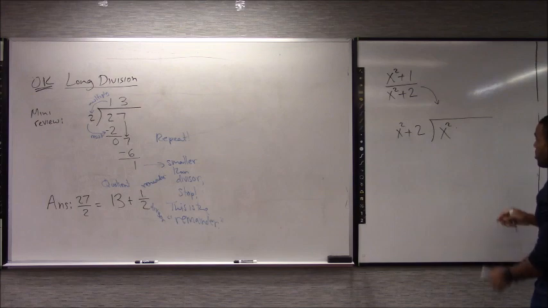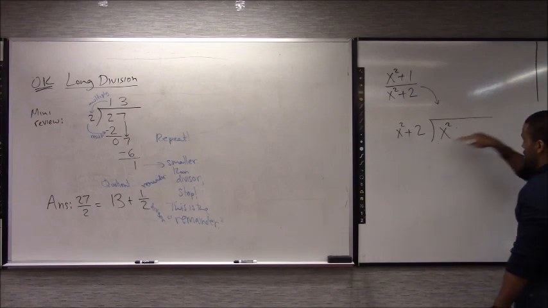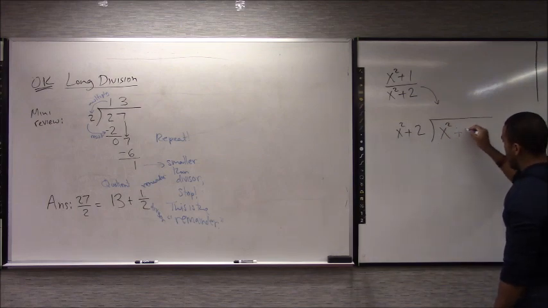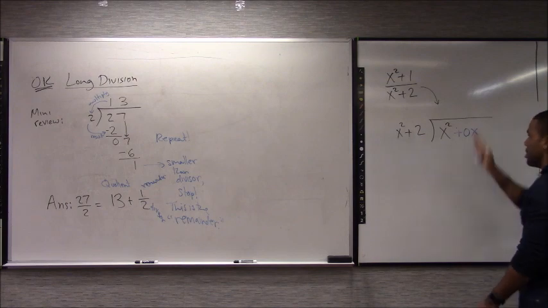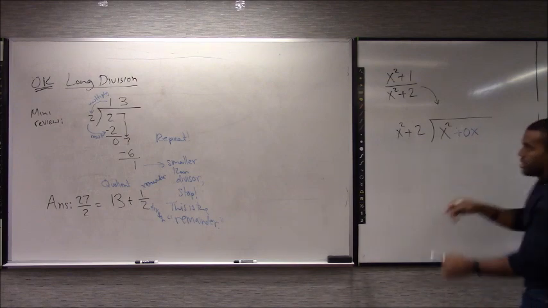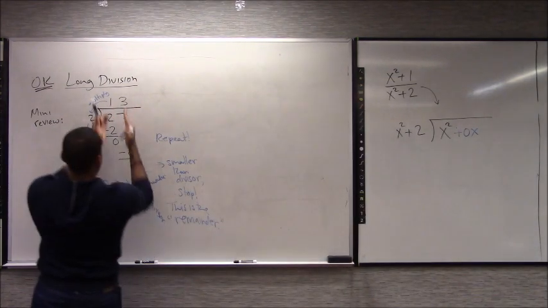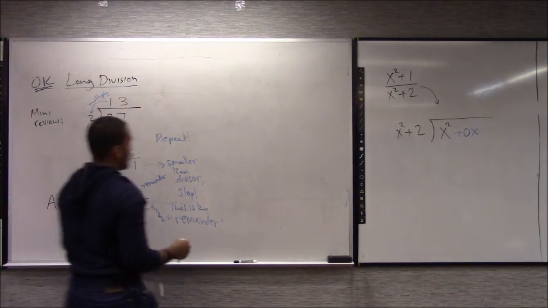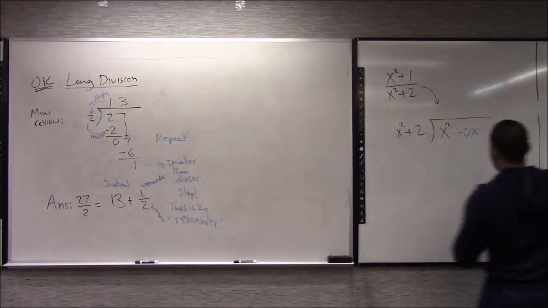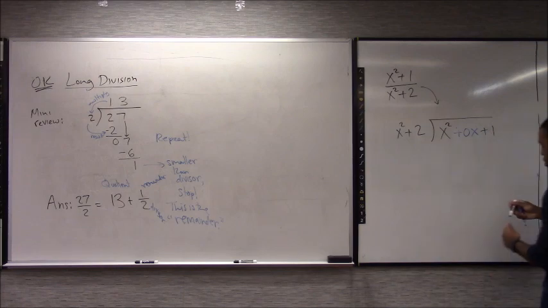Now, it's still important that when you're putting the guy underneath the bar, you have to account for all powers. So even though there's no x, you need a placeholder for the x, because you want things to line up correctly. There's going to be this vertical line of things, so you must account for all lower powers.